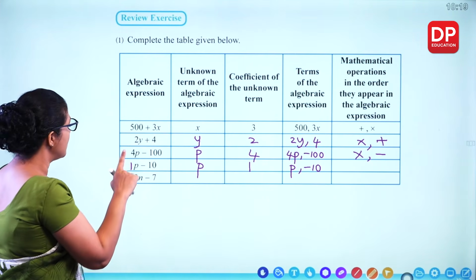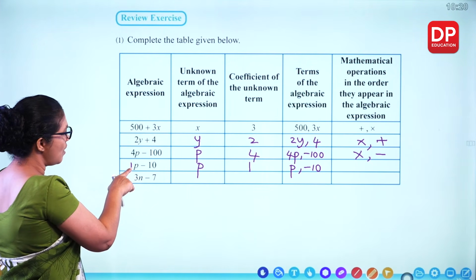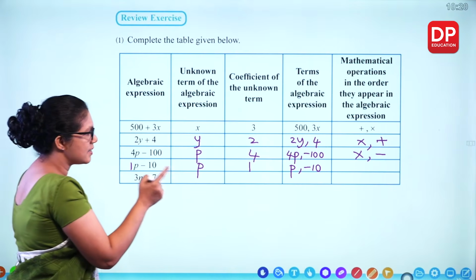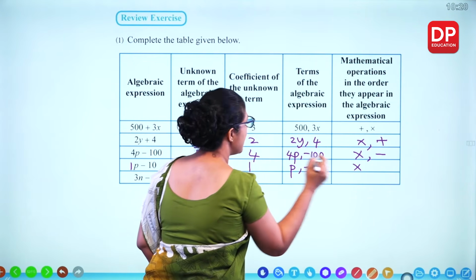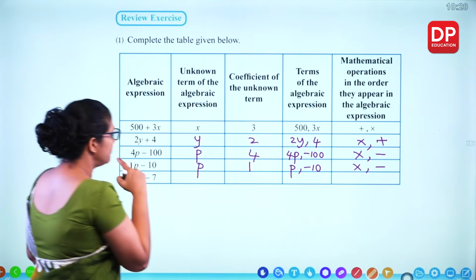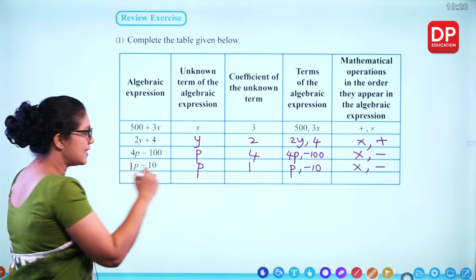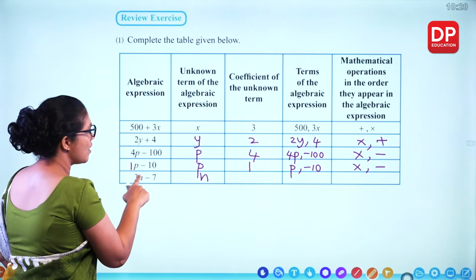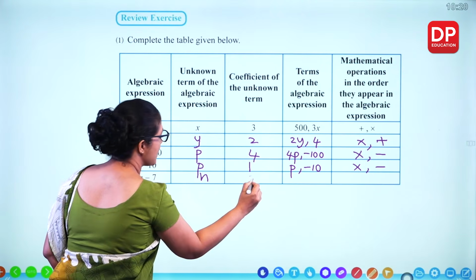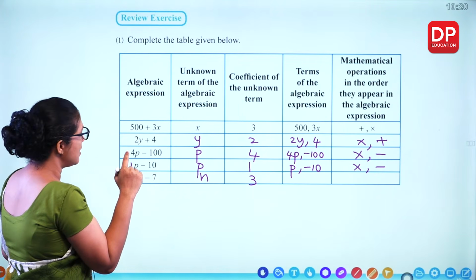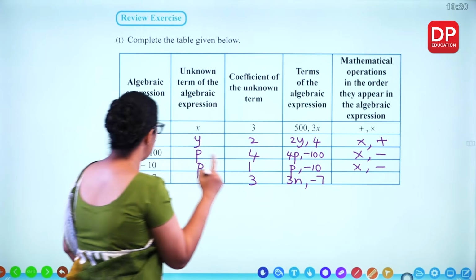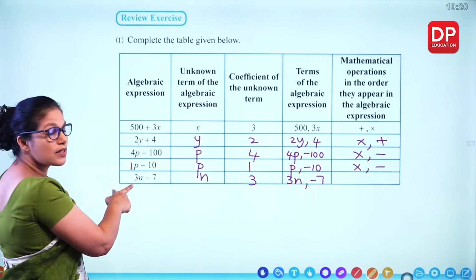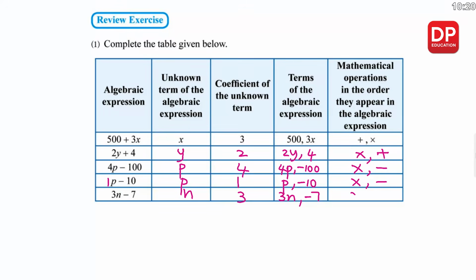And what are the operations used? 1 times p and then minus. What's the letter here? N. Coefficient is plus 3. Terms 3n and minus 7. And operation. First multiply and then subtract.